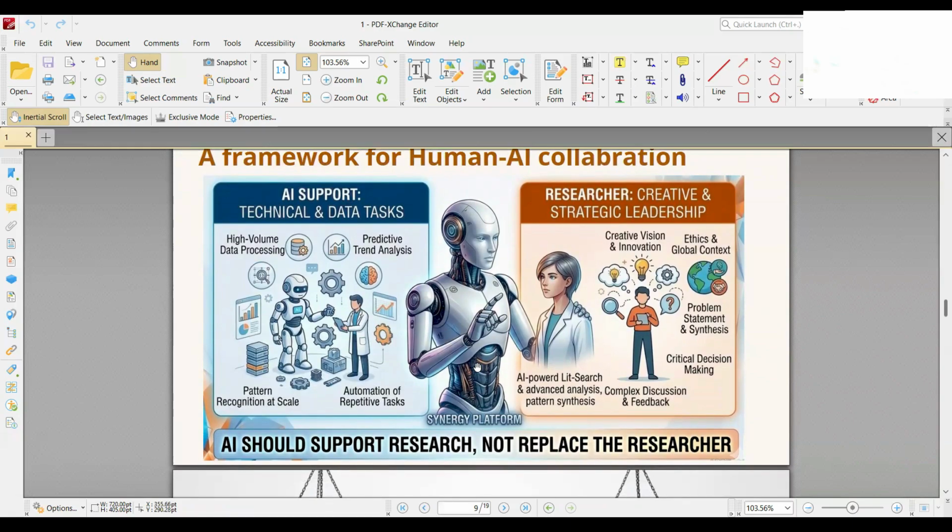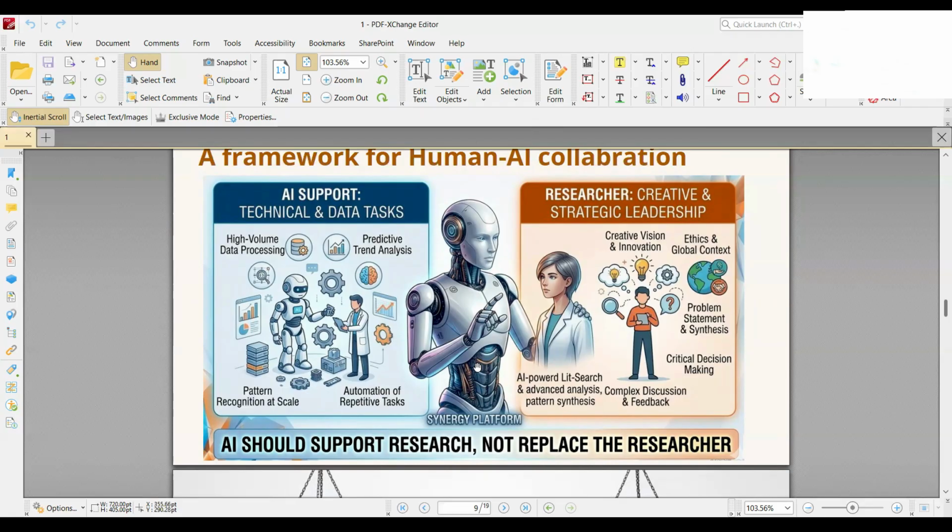When we look at this framework, I really like how it redefines the role of artificial intelligence in research. Instead of worrying about whether AI is going to take over, we can see that it is all about creating a true synergy platform.